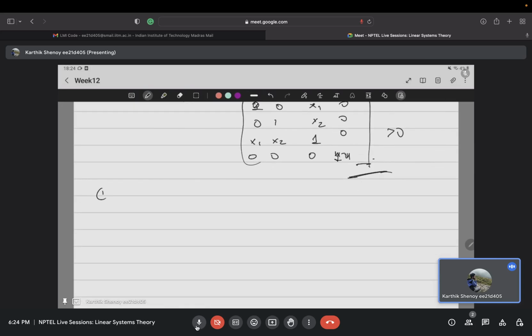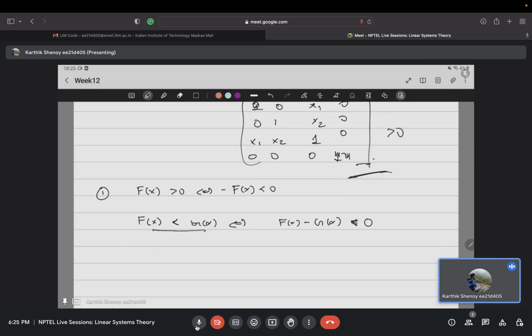So there are some rules which you can use to simplify LMIs. So if f of x is positive definite, this implies minus f of x is negative definite. This is quite obvious because the eigenvalues swap their signs. So next, if f of x is less than g of x, what this means is f of x minus g of x is negative definite.